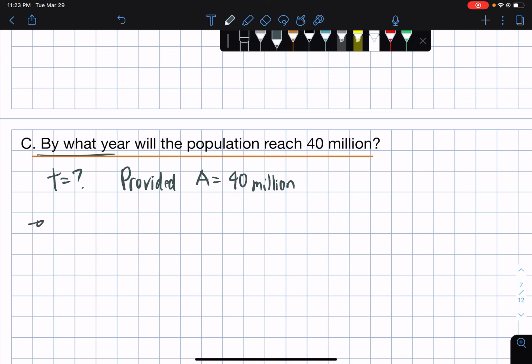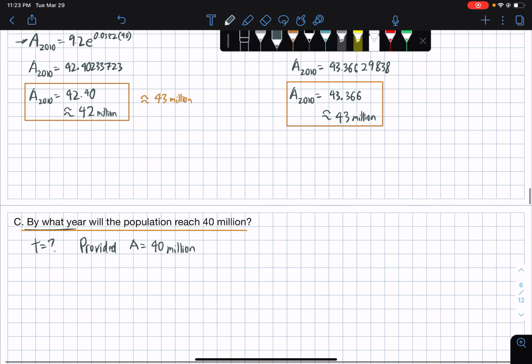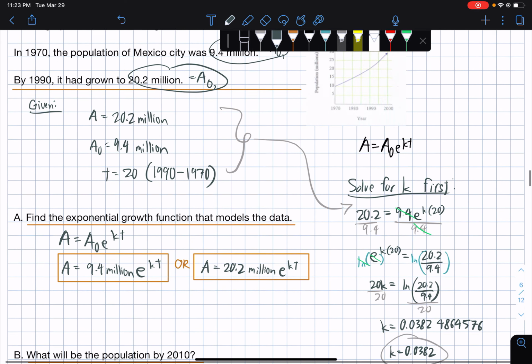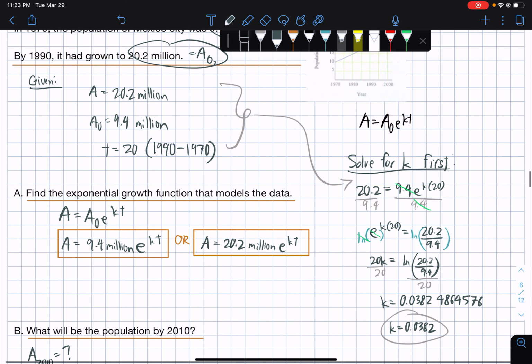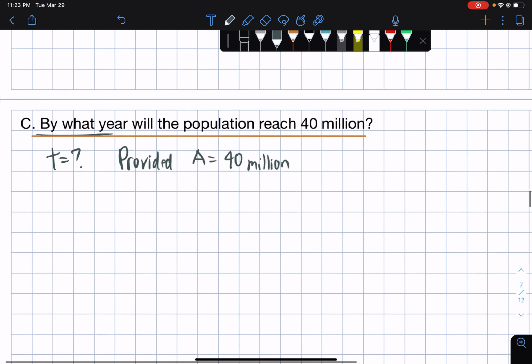Let's see. There are actually two ways to solve this, but let's stick to one. Let's try to make this simplified as much as possible. We'll stick to this one, provided that a sub o is equal to 9.4 million.